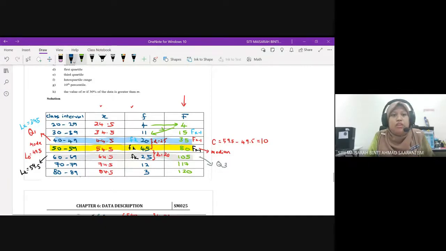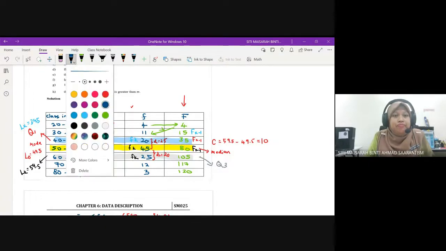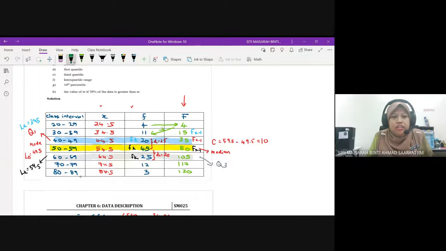So second row. It means when we say P10 in the second row, its LK is 29.5, the cumulative before is 4, and the frequency is 11.